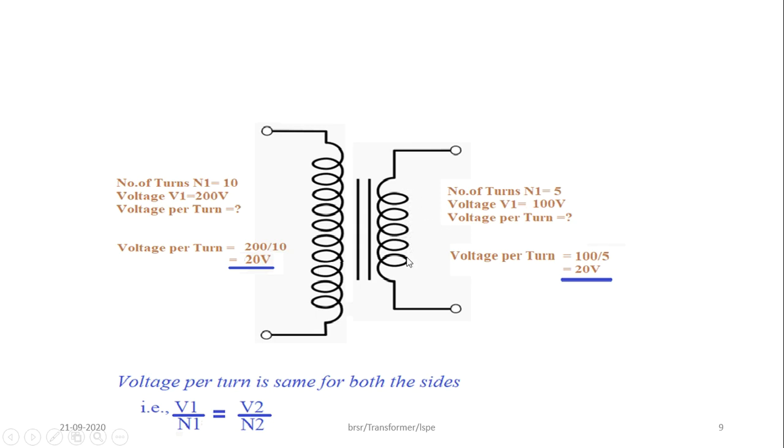Depending on the number of turns, the output voltage can be changed. So in industrial applications, we have something called taps or tapping. Wherever you want the voltage, you can tap it from that. So you can get a variable voltage on the secondary by changing the number of taps or the number of turns.